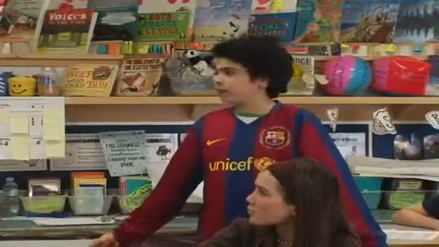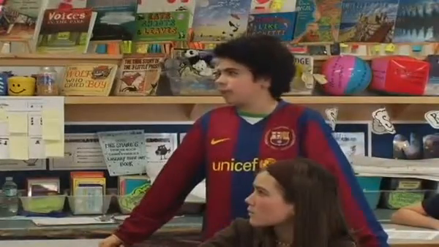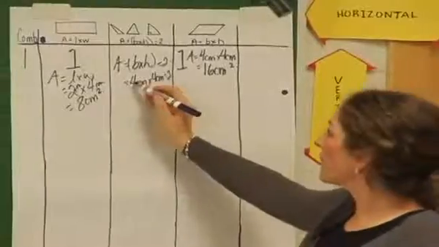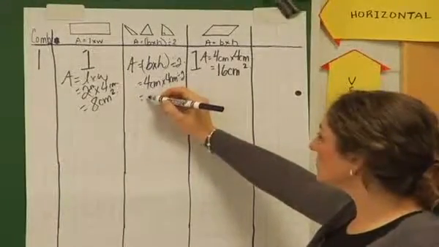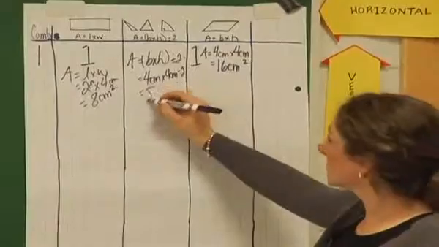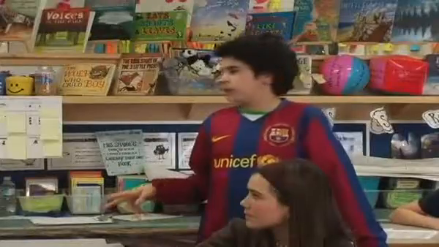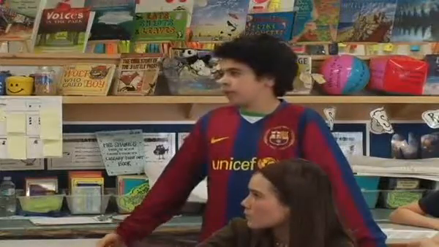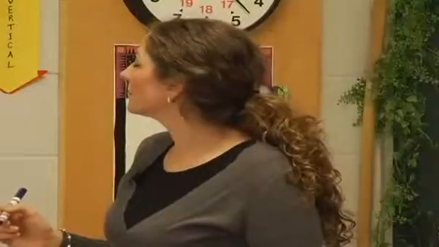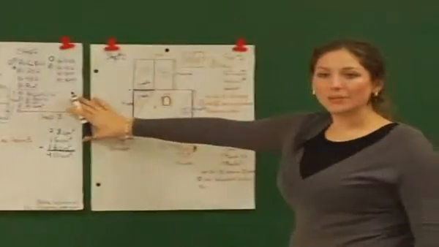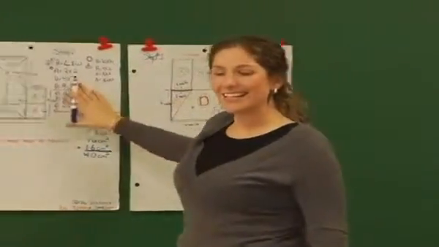So 4 centimeters times 4 centimeters divided by 2 would equal 8 centimeters squared. But since the two triangles are congruent, you would multiply it by 2 again, so it'll give a product of 16 centimeters squared. The authors of the second group, can you guys see any similarities?